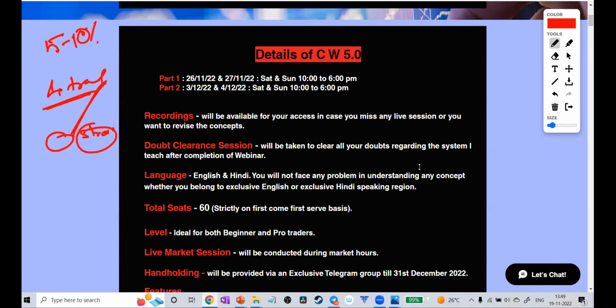And on top of this, why I have chosen Y despite knowing about all these strategies, is because Y gives you an extra layer of protection. If Y is confirming that yes, this trade you can take, this moment you can take, then that trade will be very much sure shot, using which you can make very good money.